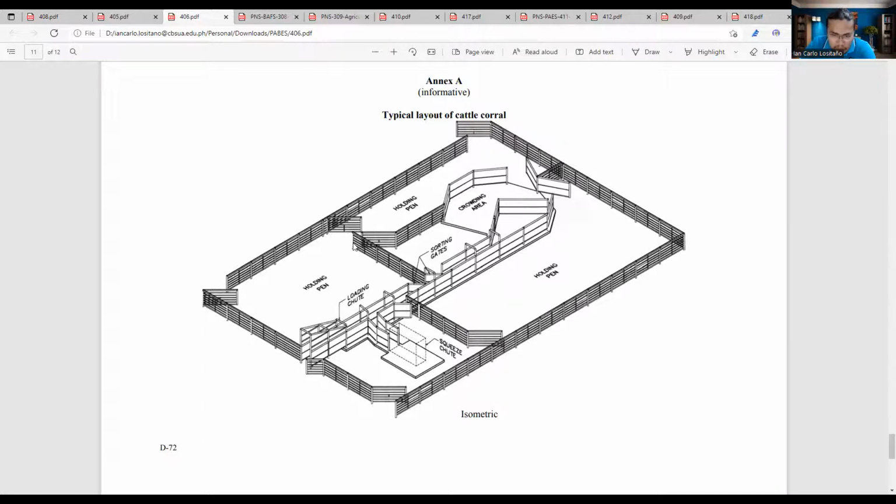So the animals are brought in to the structure via the loading chute, right? They go to the gates, and then they are crowded over here, and then directed towards the holding pens where they are fed.